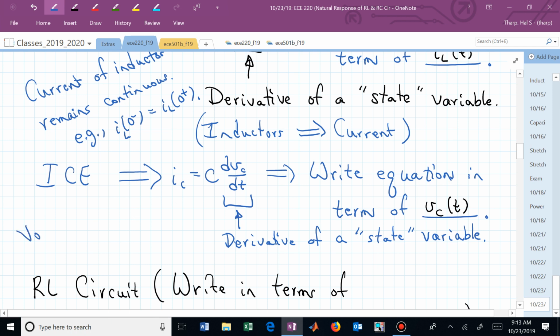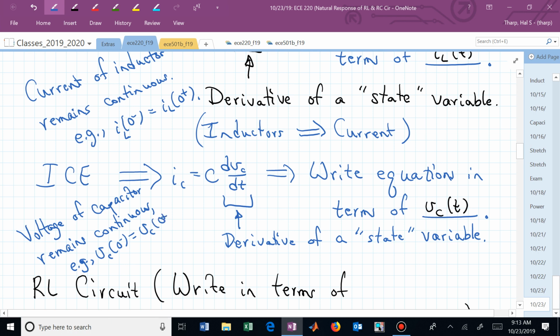And the voltage of a capacitor remains continuous. As an example, V sub c of 0 minus will be the same as V sub c of 0 plus.